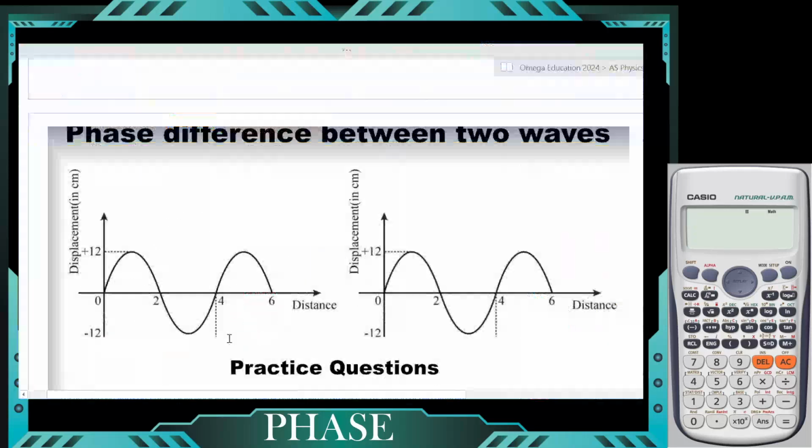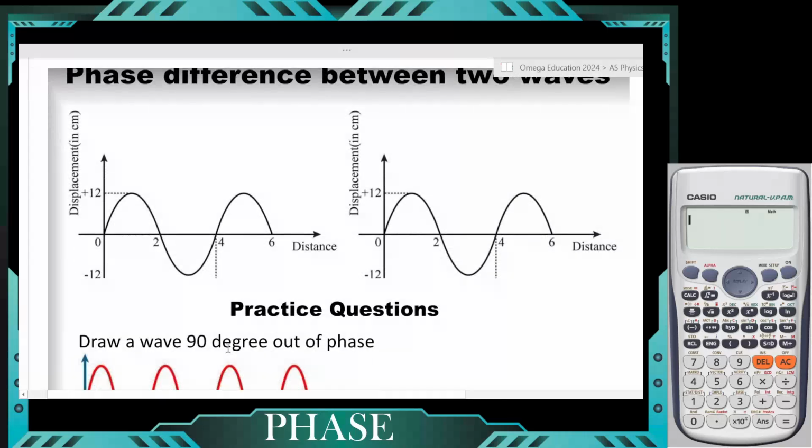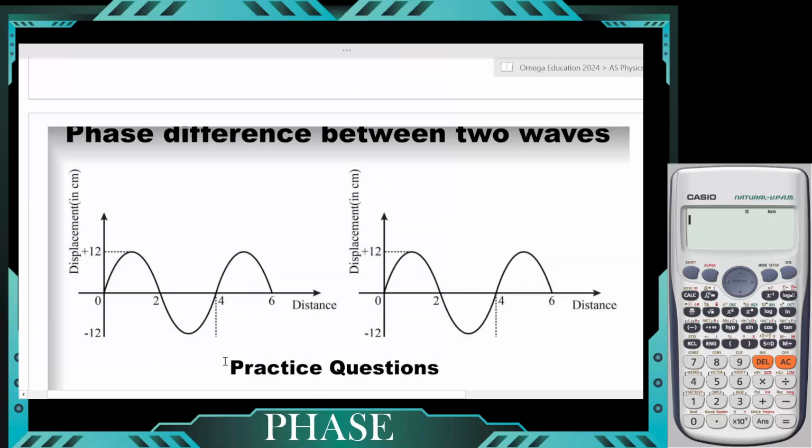out of phase. Okay, the next variation is the phase difference not between two particles. Now we have to find the phase difference between two waves themselves. Generally, whenever they ask you this question, to find the phase difference between two waves, they ask you to find it for two waves which are coherent.